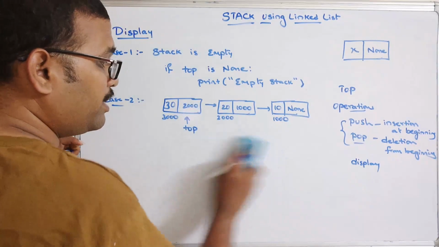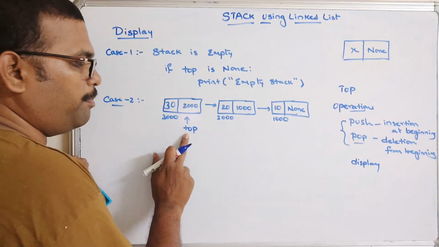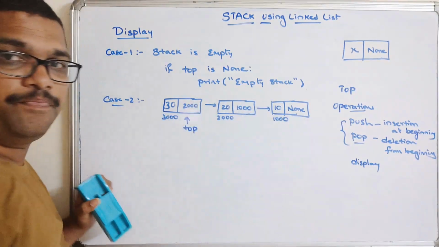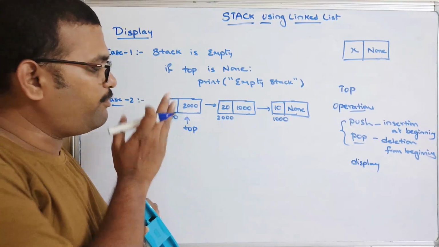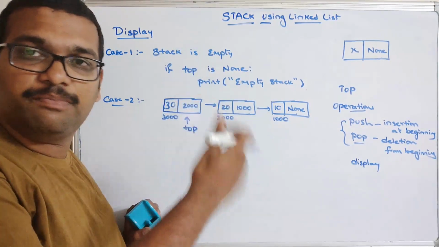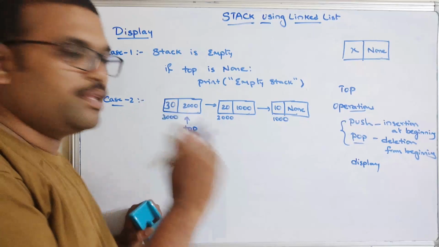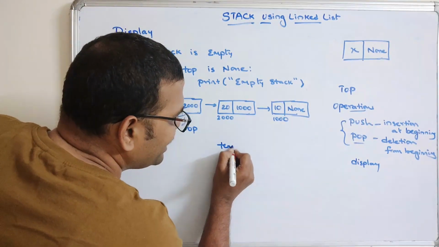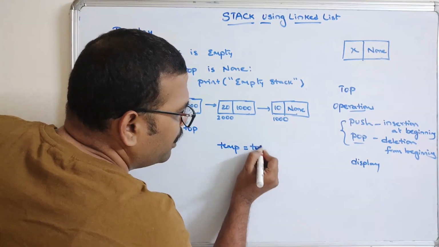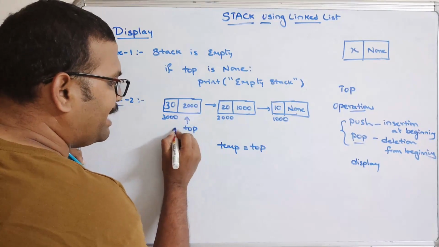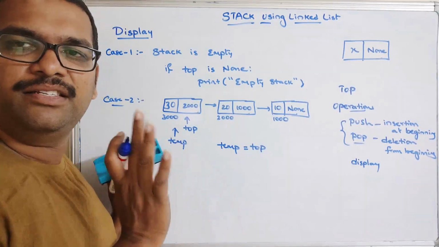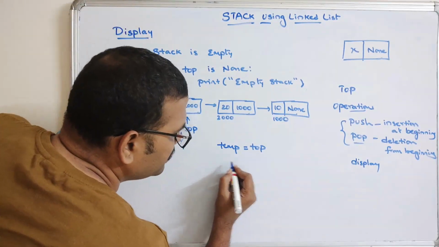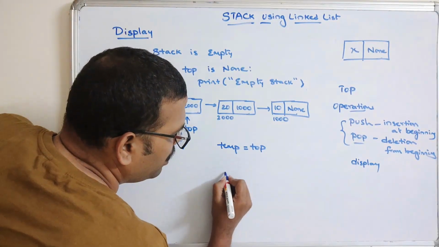So we need to traverse from the first node to the last node. We should not move the top, but we have to travel from the first node to the last node because we have to display each and every node. For that purpose, just assign top to a temporary variable. Now you can move temp from the first node to the last node, and the top will remain the same.